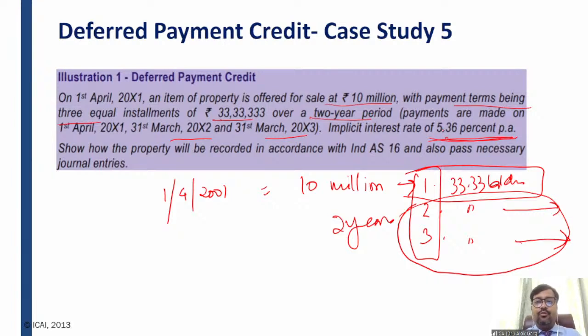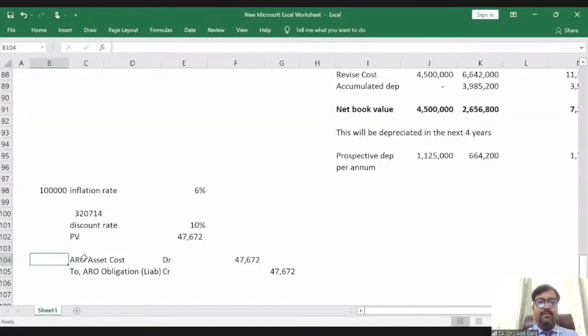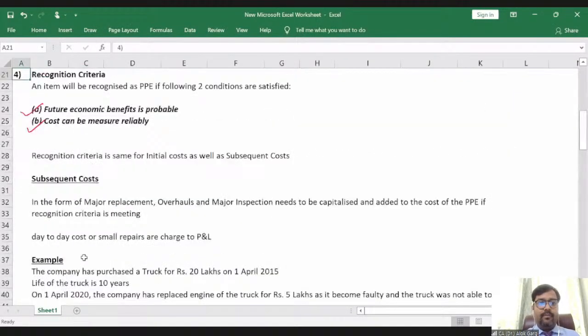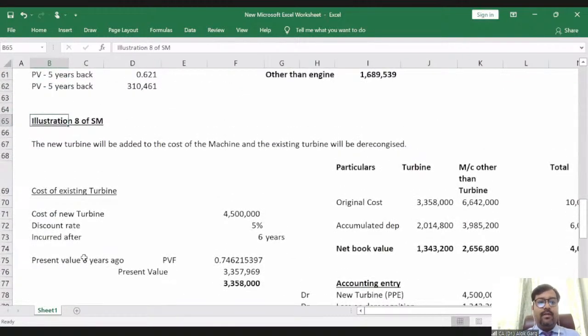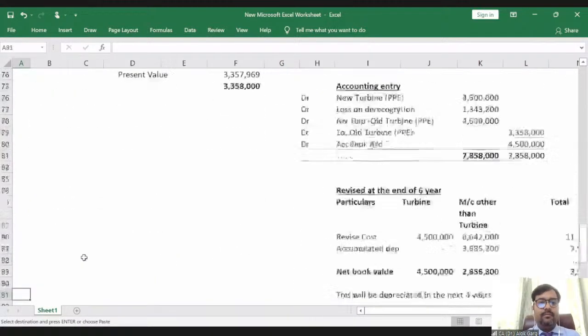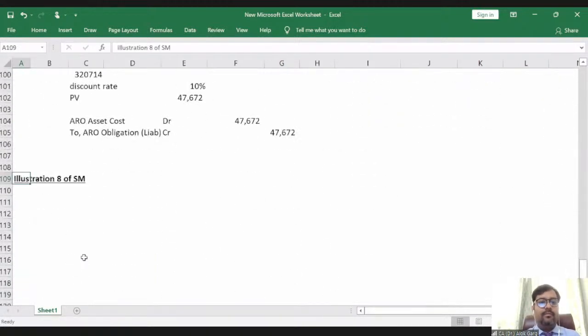So let me take you to the Excel file. Let me know if my Excel file is visible, guys. Illustration number 1 of Institute study material, which is on deferred payment credit.